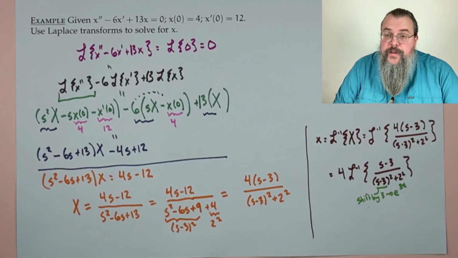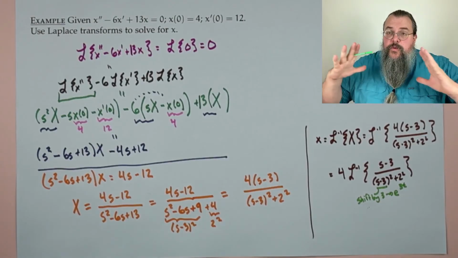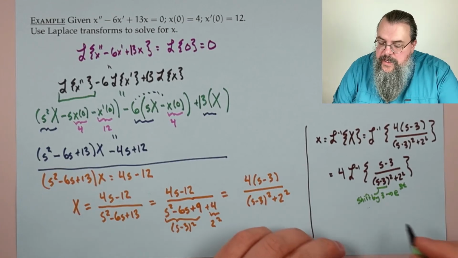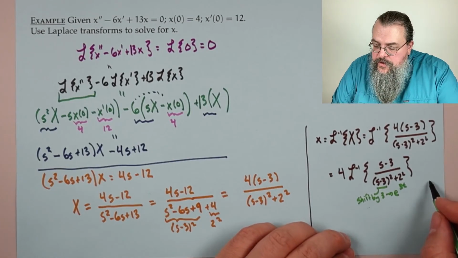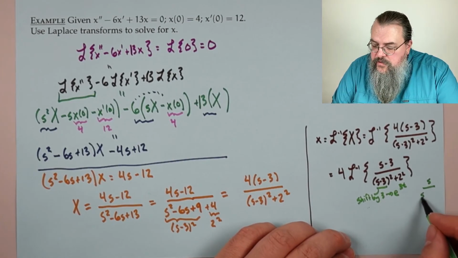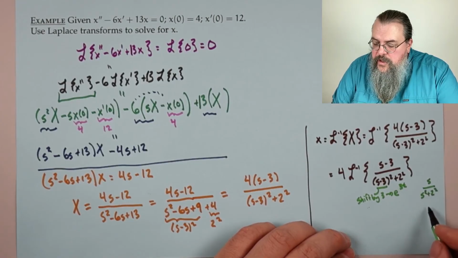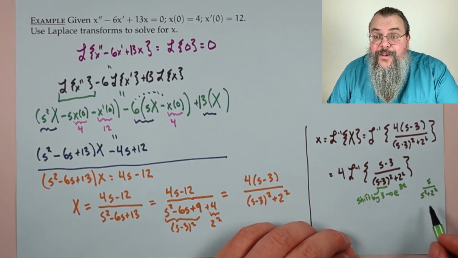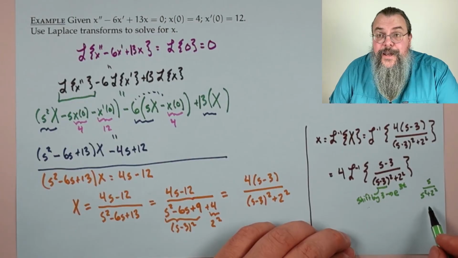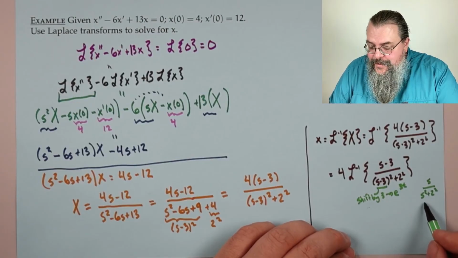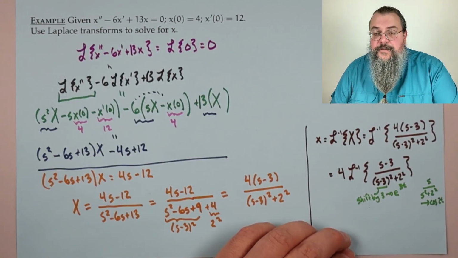All right, well, that's good to know. What else do we see? Well, now remove the shift, and after you remove the shift, what do you see? You see s over s squared plus 2 squared. And we say, oh, well, that's on our table. What is that? It's the cosine. So this part here is cosine 2t.